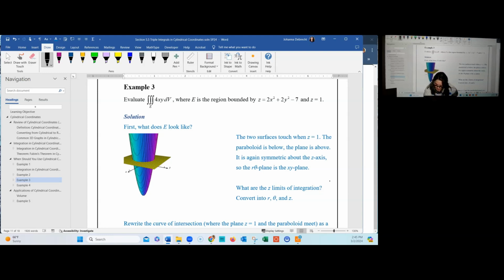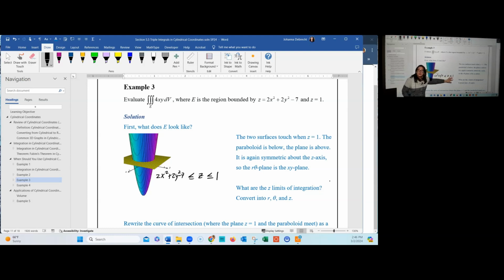To start with, we can say that z goes between the paraboloid, which is 2x squared plus 2y squared minus 7, less than or equal to z, and less than or equal to the plane z equal 1. Again, I have the z-axis pointing straight up, so I can tell which surface is below and which surface is above.